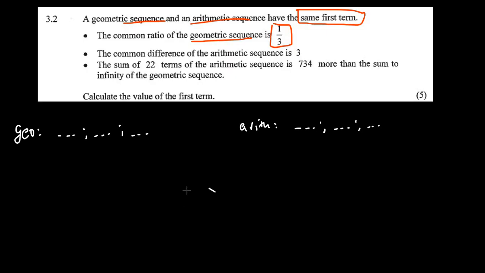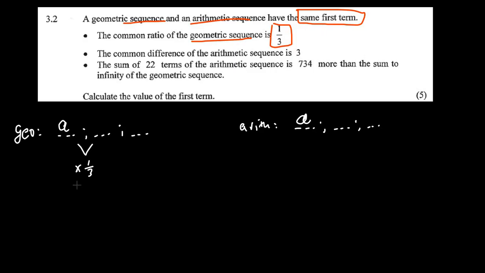Now we're given that they have the same first term. So if I put a here and a here, they are exactly going to be the same. Now the common ratio of the geometric is 1/3. Remember, this means that to get to the next term, we have to multiply by 1/3.